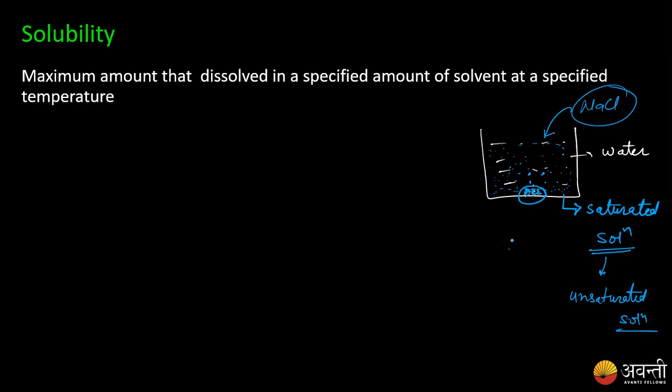If we have a given solvent, a specified amount of solvent at a specified temperature, then what is the maximum amount of solute which we can add in that solvent without crystallization?